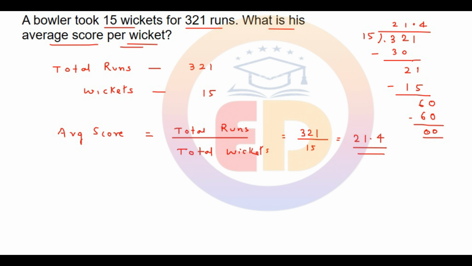This one is in the category of an easy question, because all the information is given directly. You have to just find out the answer. But you should develop a level where you should be able to first understand the language, second frame the equation, third find out the answer, and then choose the right option. This is what our aim is. Answer here is 21.4.